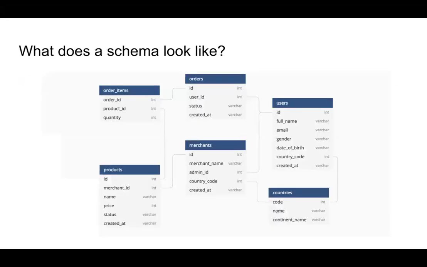So what does it look like? This is what a schema would likely look like. We have different tables over here, as you can see: orders, users, order items, products, countries.